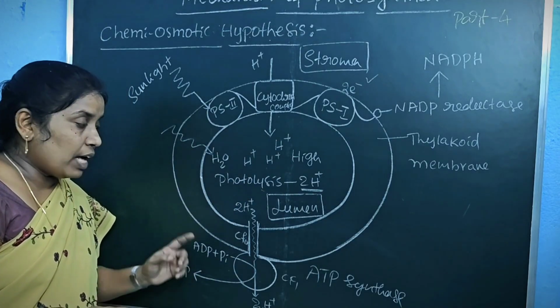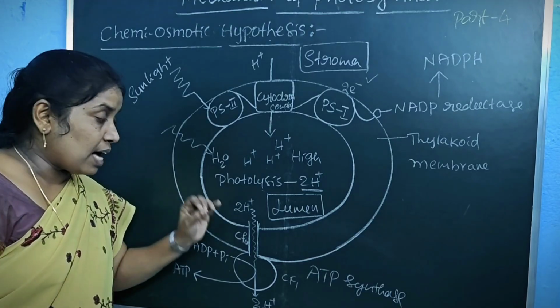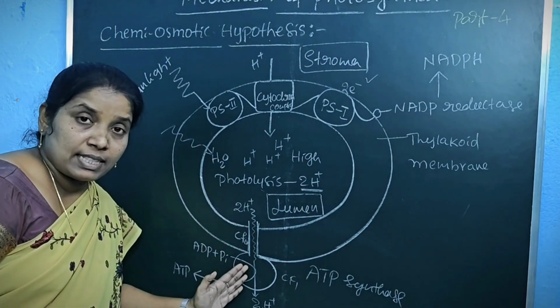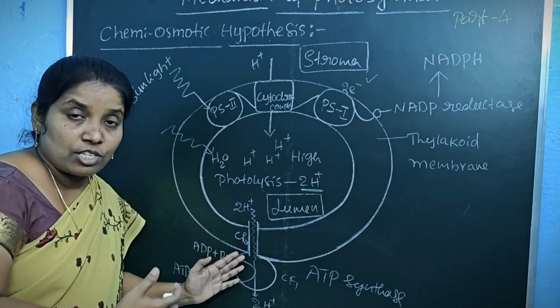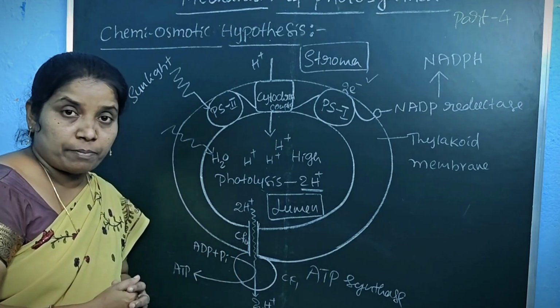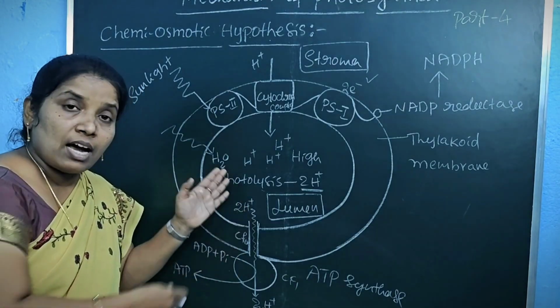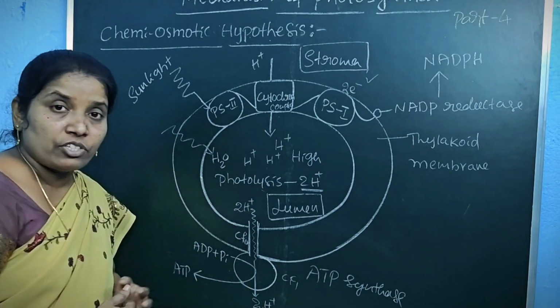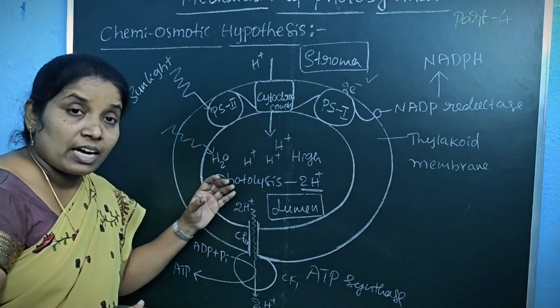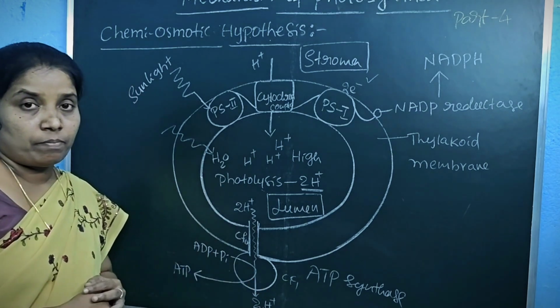When the protons pass through this ATP synthase, facilitated diffusion occurs through this enzymatic complex. When the protons move from the higher concentration to the lower concentration, they come with energy.